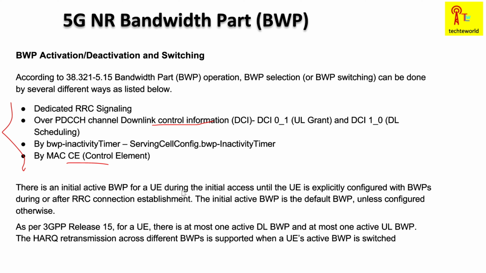Once the RRC connection has been established, there will be an initial active bandwidth part, or a default bandwidth part, which will be configured for a UE. Later, if the requirement changes, it can change to a different bandwidth part, that is fine. But an initial active bandwidth part or a default bandwidth part will always be configured after the RRC connection establishment.